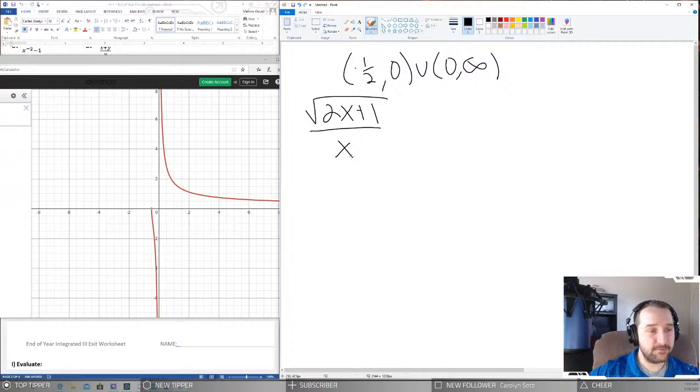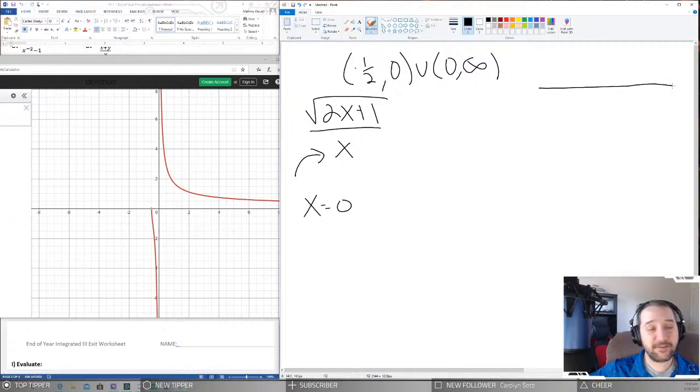For example, when I see this x on the denominator, I think to myself, I can't divide by 0, because if I divide by 0, that's undefined. So I take the denominator, set it equal to 0 and solve. Well, x is by itself. So I know that x can't be 0, but it can be everything else.